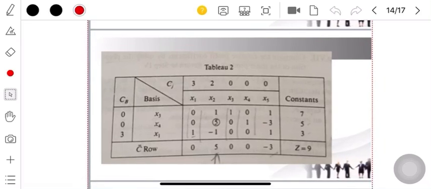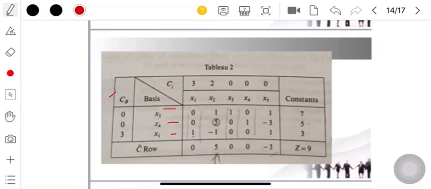So what we have done here, x3 is same, x4 is same. In place of x5, x1 has replaced, and similarly the coefficient will be changed. It will become 3, because in the objective function the coefficient is 3.